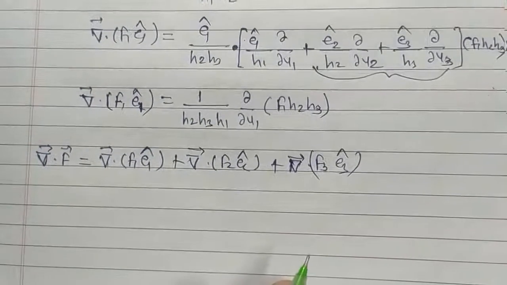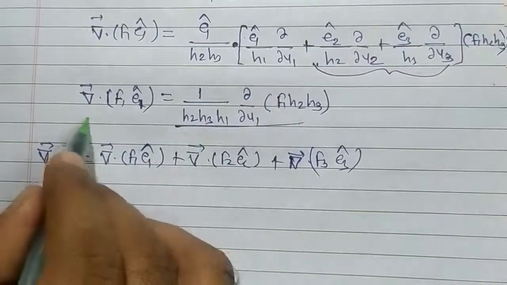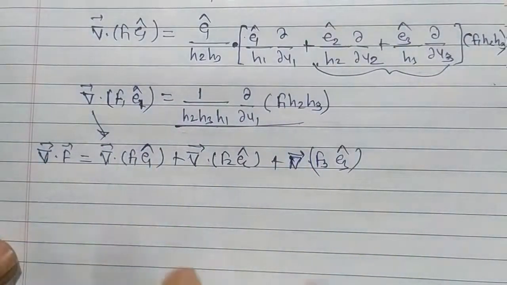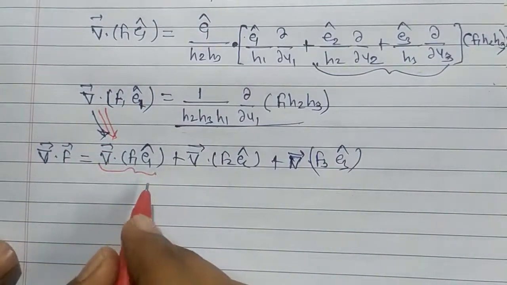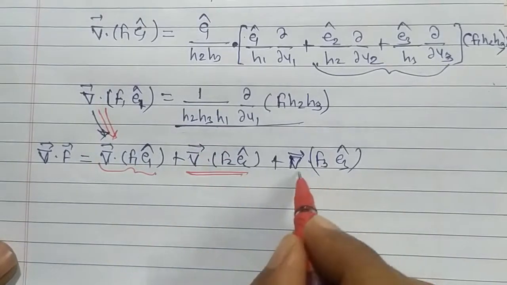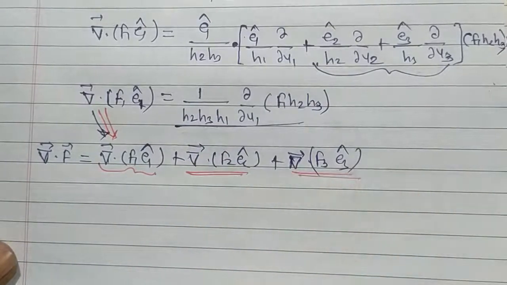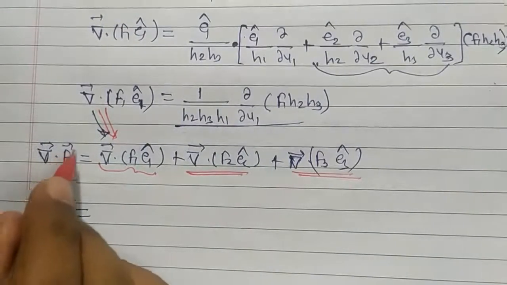Now I can obtain such expressions. This is for the first term, right? So you can see this is what I have obtained for the first term. Similarly, I can work out for the second term, I can work out for the third term. Then the overall expression for divergence, we are taking this quantity means you are taking divergence.